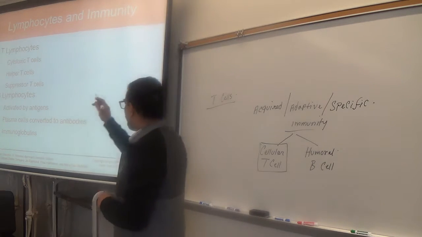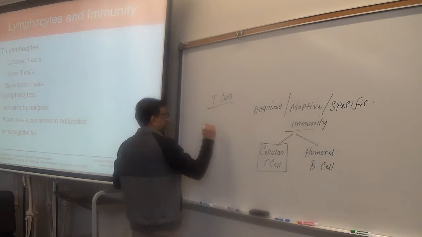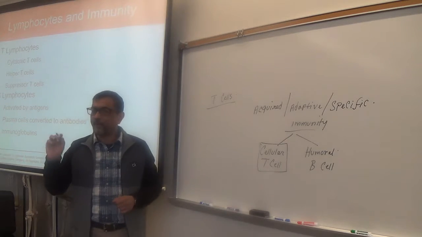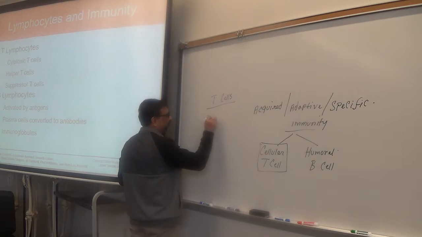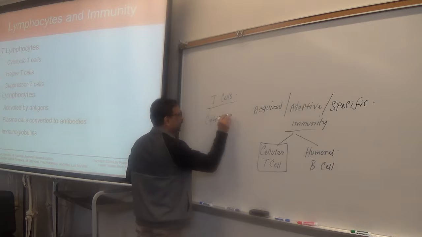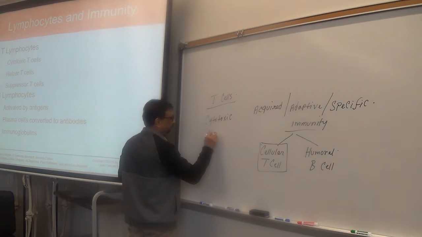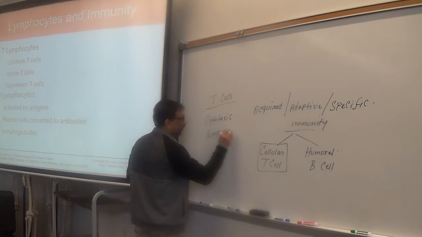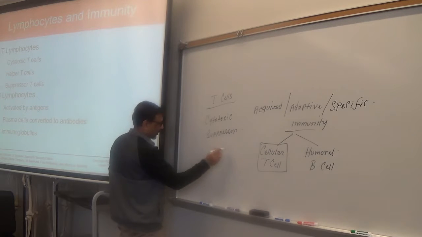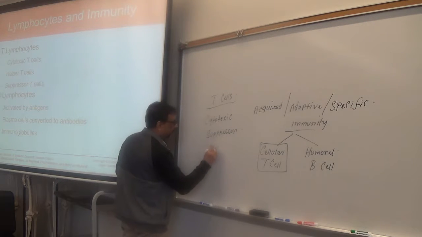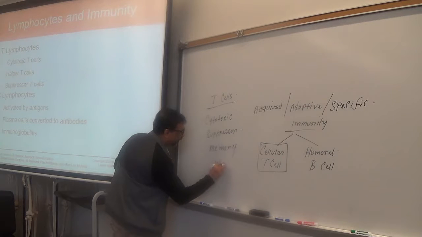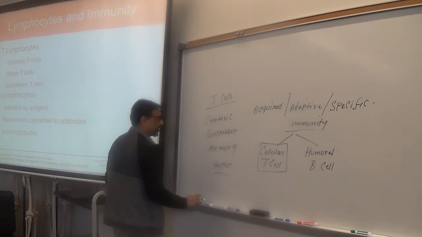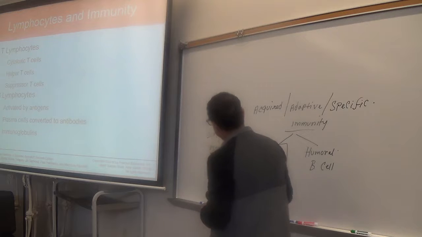Okay, so those 3 as well as another type of T cells, those are called memory T cells. So cytotoxic, let me write down again, suppressor, then helper and memory. Now these are different types of T cells.